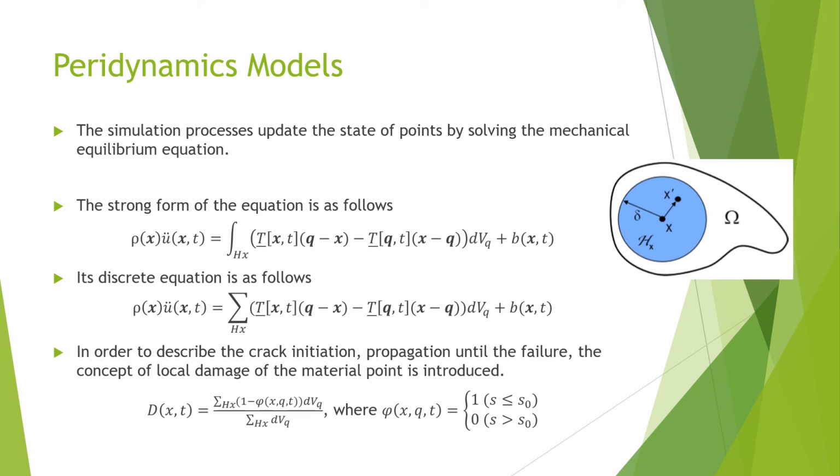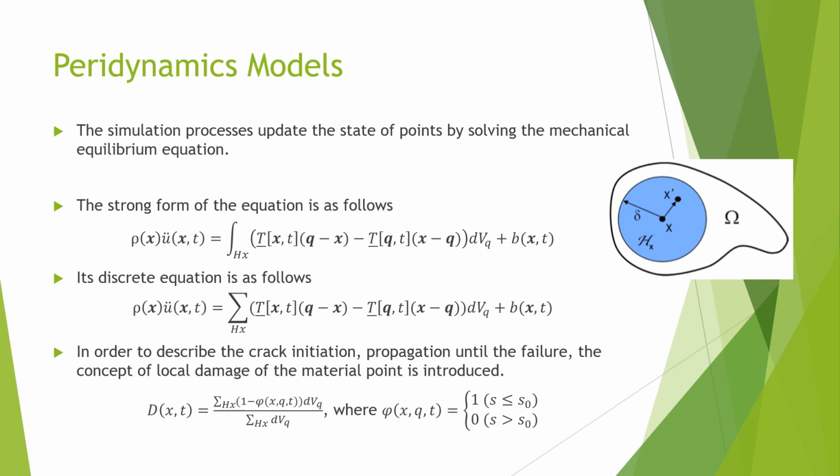The simulation processes update the state of points by solving the mechanical equilibrium equation. When looking into the equation, we can find that the integral or summation is used to calculate the internal force of a point by summing the interactions between other points in the spherical area Hx, where x is the center point and delta is the radius.